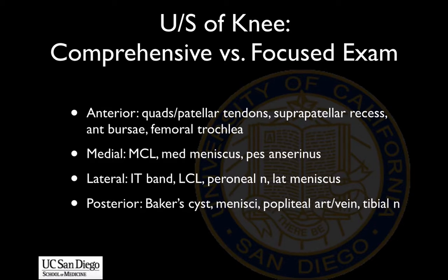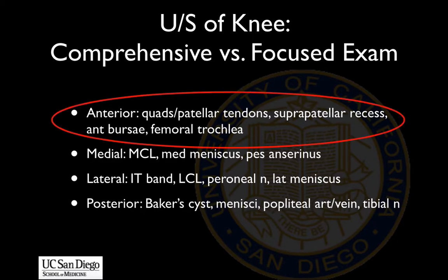Today we're going to be focusing our attention on the anterior quadrant, and thus we will be doing the following. We will assess the quadriceps and patellar tendons. We will evaluate the suprapatellar as well as the infrapatellar recess, the anterior bursa of the knee, as well as the femoral trochlear view.